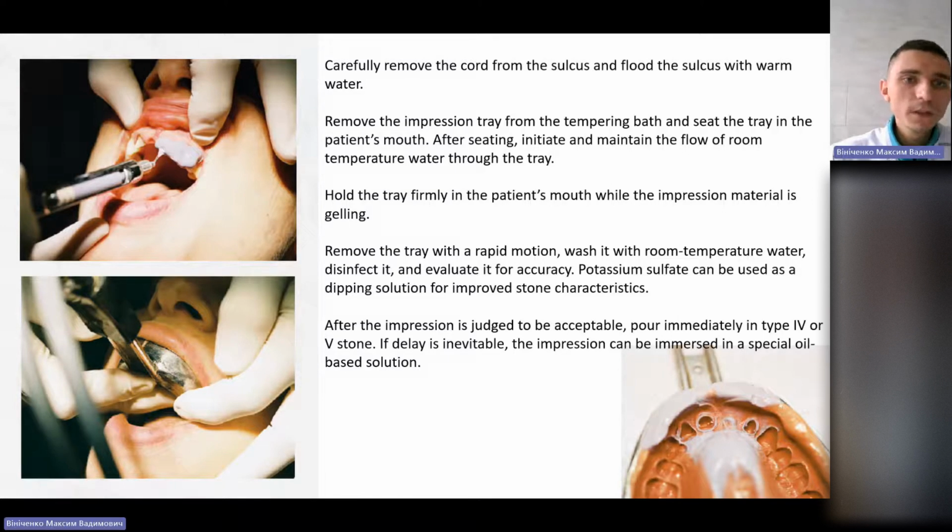Hold the tray firmly in the patient's mouth while the impression material is gelling. So you need to hold this tray while this material is becoming gel. And then remove the tray. You often get bitten by the patient in most cases. Yes, they bite.